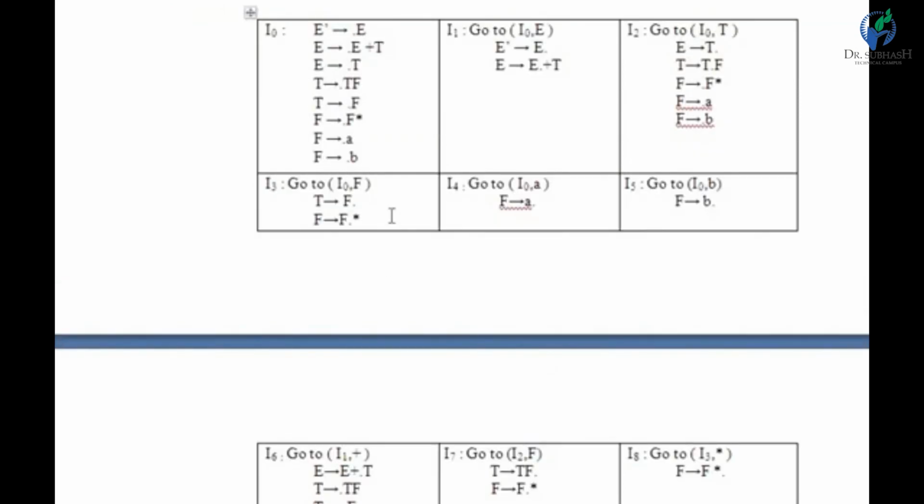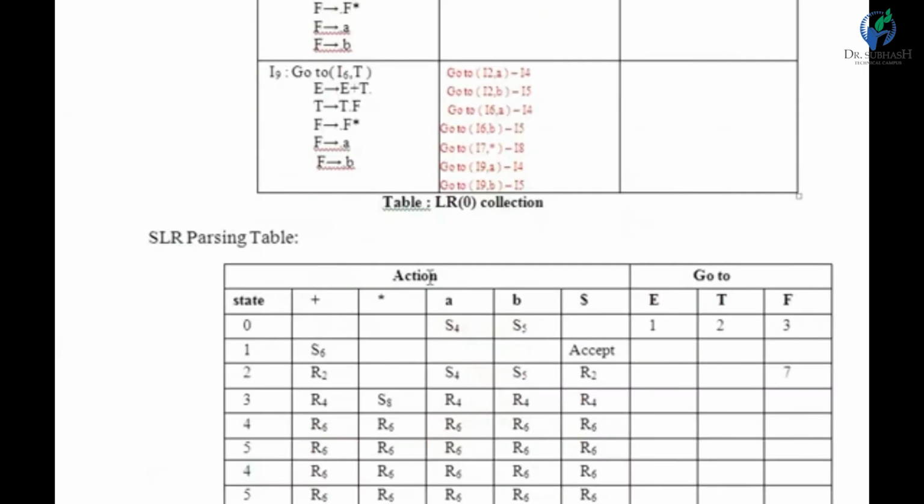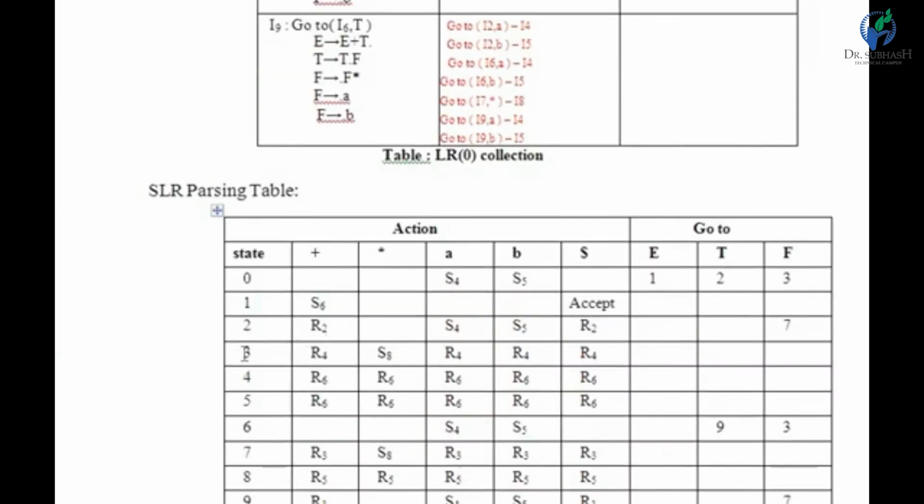Next, for the third row, it's a complete production, T gives F dot. So you have to write the reduce entry in the third row. In which column? Follow of T. Follow of T is plus, A, B and dollar.